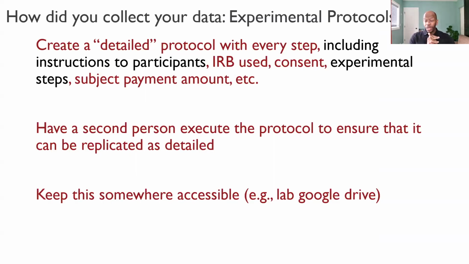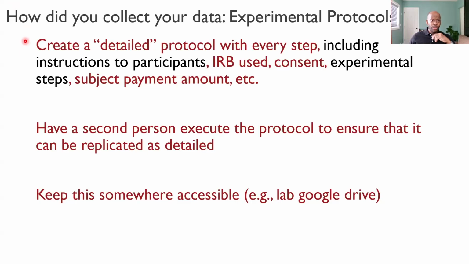Okay. So I think most everyone here is probably doing some sort of experimental work or building on experiments that someone else has done. And before we talk about the data or the code, I think it's really important to make sure that you have your experimental protocol documented really clearly.